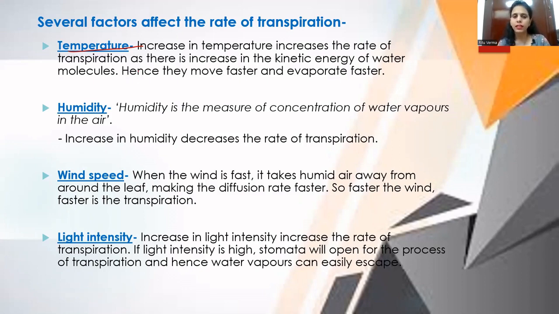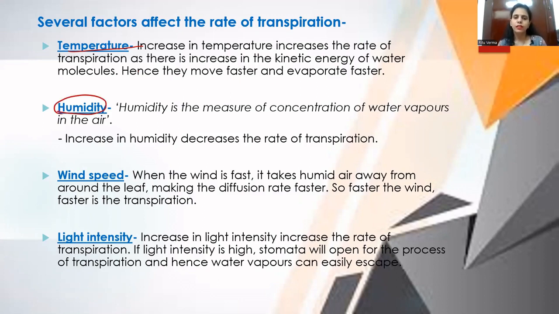As the kinetic energy increases, these water molecules start moving faster, and hence the evaporation process will also be fast. So because of an increase in temperature, the rate of transpiration increases due to the increase in kinetic energy of these water molecules, and hence they move faster and evaporate faster.